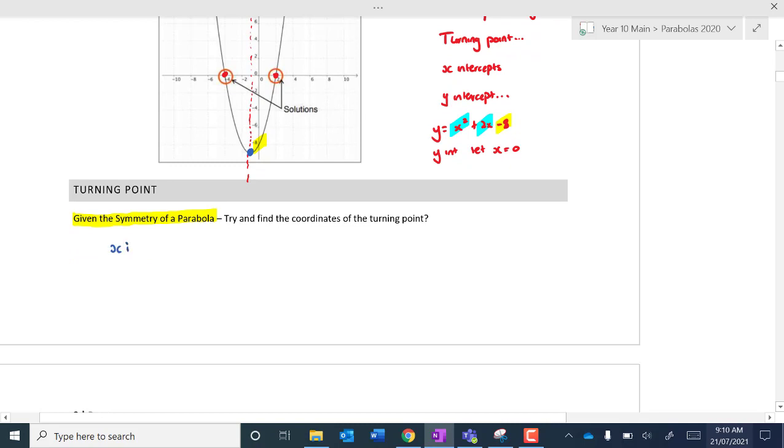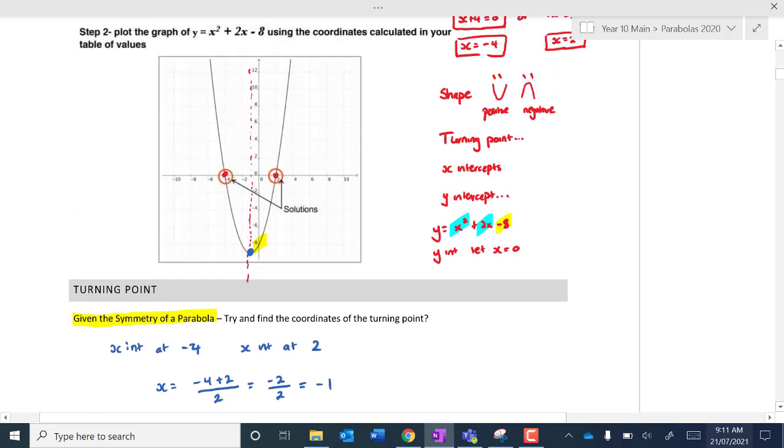I've got an x-intercept at -4, and I've got an x-intercept at 2. To find the average, I add them together, -4 plus 2, and divide by 2 because we've got 2 points. -4 plus 2 is -2, and -2 divided by 2 is -1.